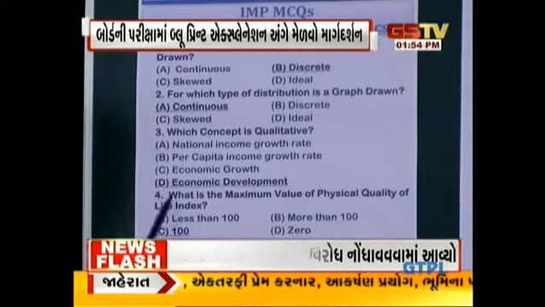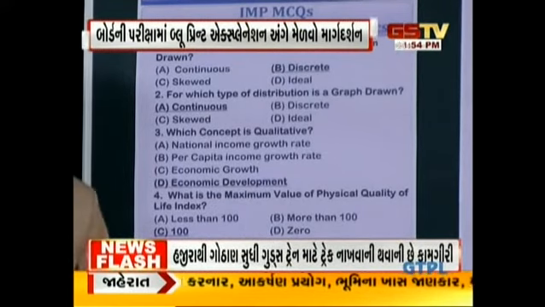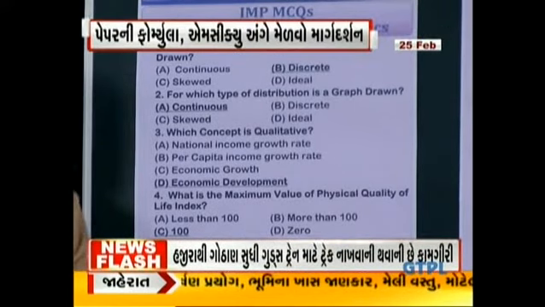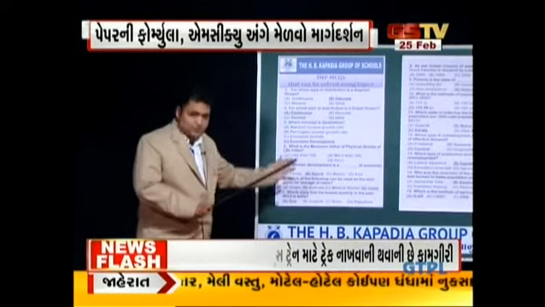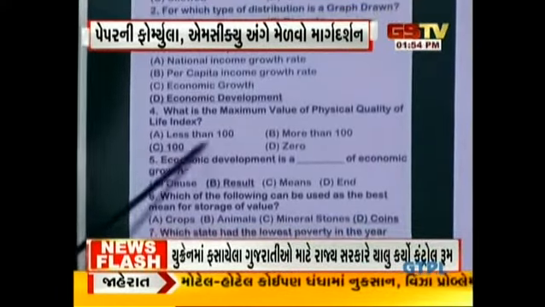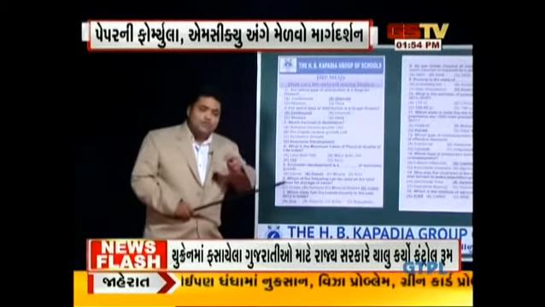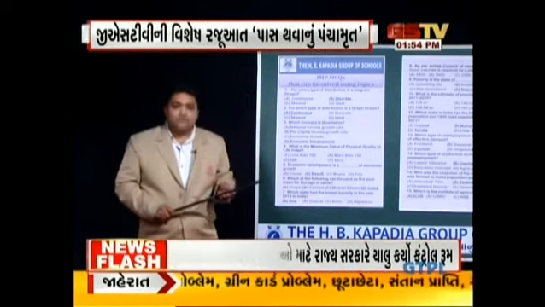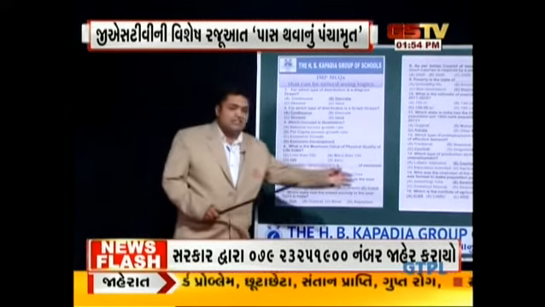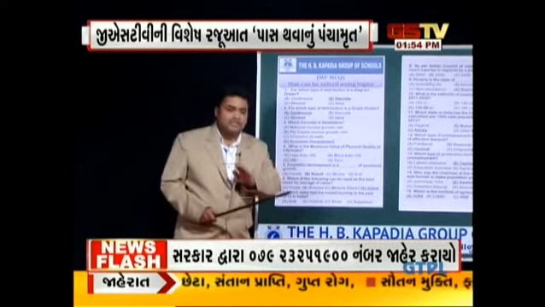The next question is: what is the maximum value of PQLI, the Physical Quality of Life Index? Just look at the options. First is less than 100. How can you answer when they are asking for the maximum value? Can we say less than 100 or more than 100? No, obviously not.